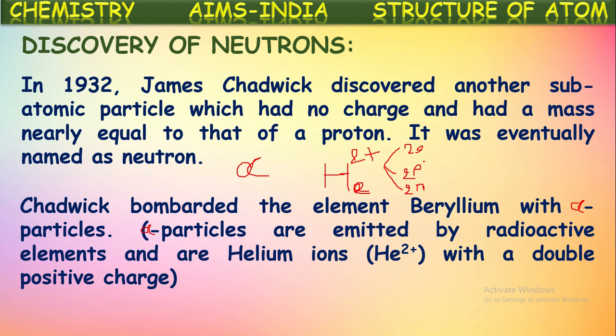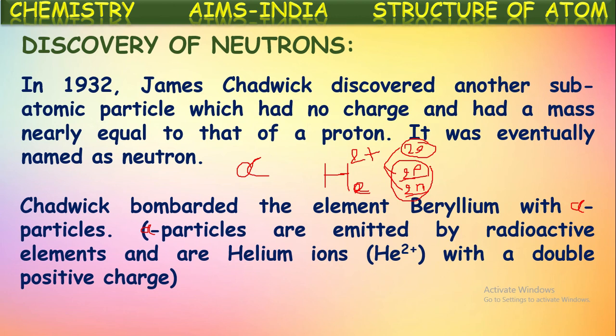If 2 electrons are removed, it becomes the He2+ ion, containing 2 protons and 2 neutrons. So the bunch of these 4, 2 protons and 2 neutrons together, is called one alpha particle.